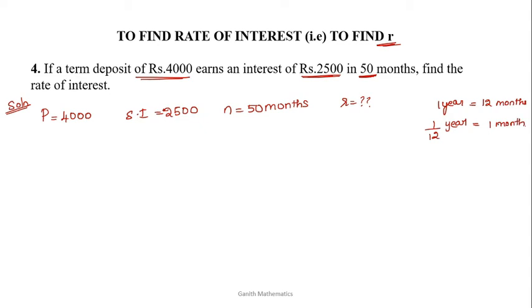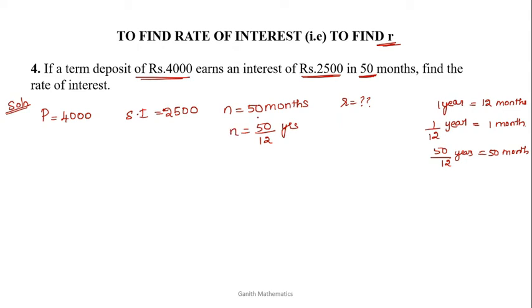In a year, if you take 1 month, it will be one part out of the 12 months, right? Similarly, if you want to find for 50 months, multiply both sides by 50, so it will be 50 by 12 years. So we are converting months into years; 50 months can be written as 50 by 12 years.